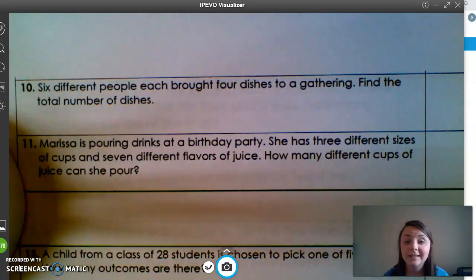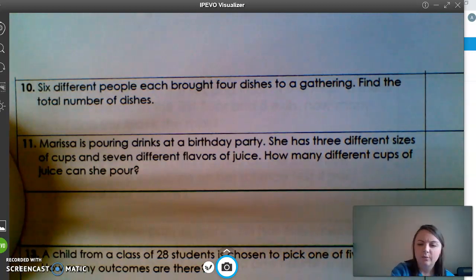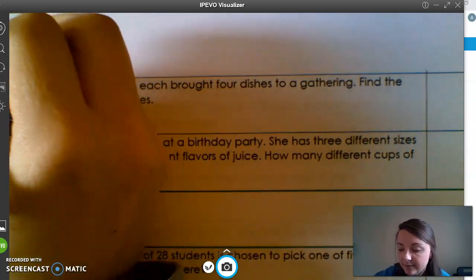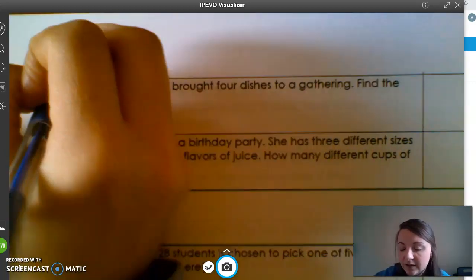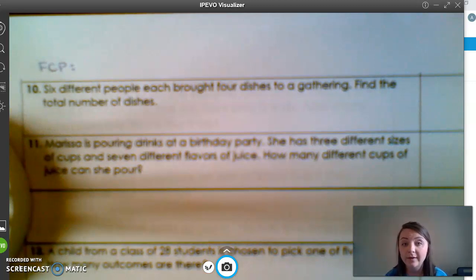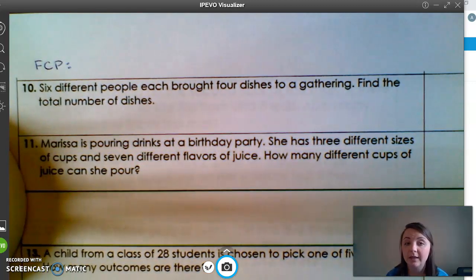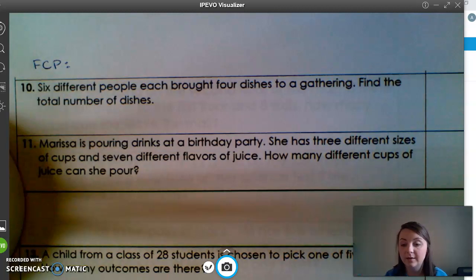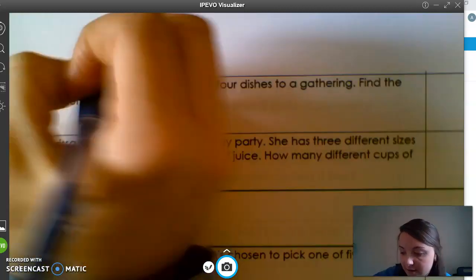Okay, so today we're going to continue on with FCP that we did yesterday. We're just going to give it some more real life meaning. So remember that yesterday we talked about FCP, which just means that you can get the total number of outcomes by multiplying the number of outcomes for each event together.